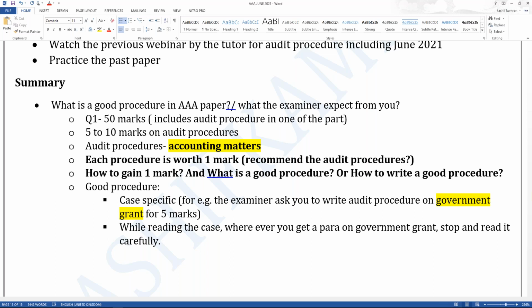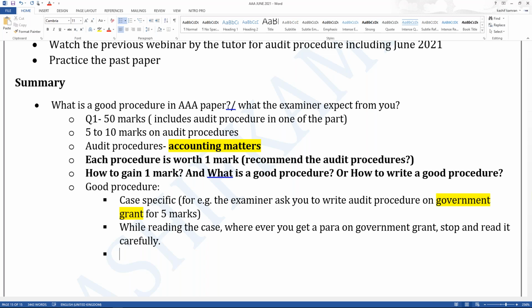The examiner must be explaining about the grant you got as a company, what are the conditions associated with the grant, what is the tenure of the grant, etc. So wherever you get a para on government grant or whatever accounting matter the examiner has asked for, stop and read it carefully.